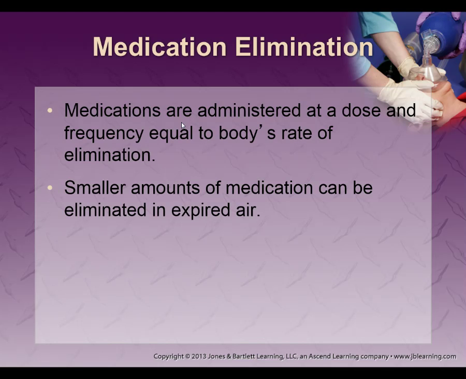We don't want to give someone a medication and have it build up in their body to a point where it causes one of those things we discussed earlier, the toxic or the fatal level of the medication. So we have to know at what rate the body is supposed to get rid of it, and then, based on disease processes, how that rate is going to be altered.